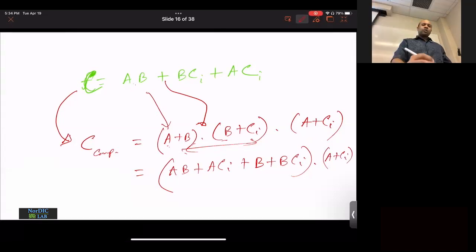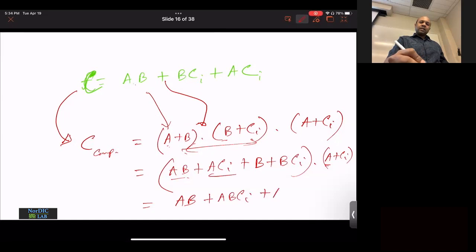Okay, let's go through this again. AB times A is AB. You know that, right? A and A means A. ABCI. ACI plus A. I know it's taking a while, but I hope it's going to be worth it.